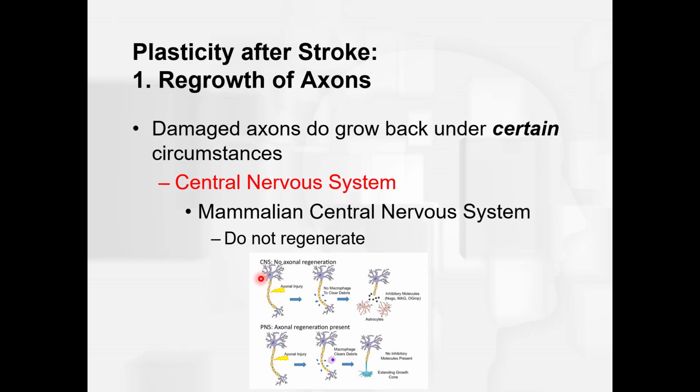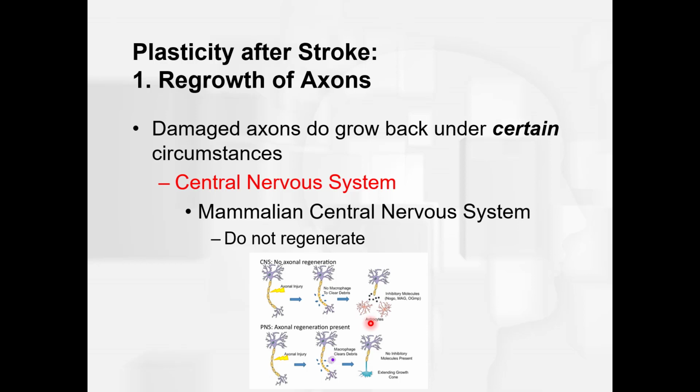In the central nervous system, you have an axonal injury. There are no macrophages really to clear the injury. Astrocytes come and create what's called a glial scar, and they promote the release of inhibitory molecules like Nogo and various things. And that keeps the axon from being able to regrow.